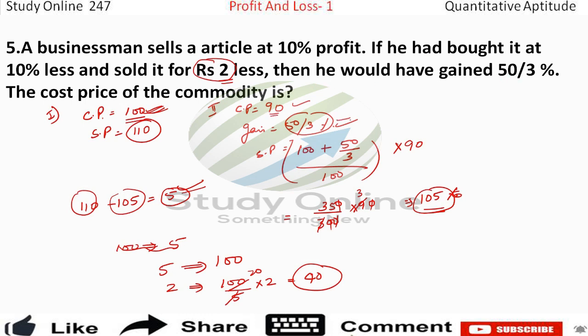So we calculated the selling price. Initially the selling price was 110, finally the selling price was 105. So the difference between the selling prices is 5 and the cost price is 100. Now the difference has to be 2. If the difference is 2, what would be the cost price? We have to calculate this because this is what is asked.